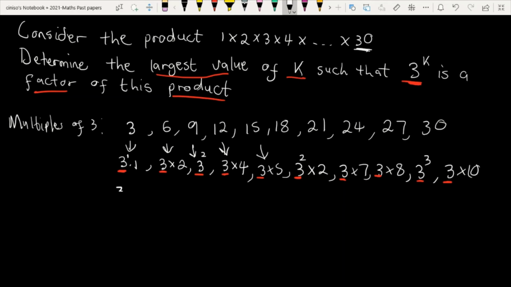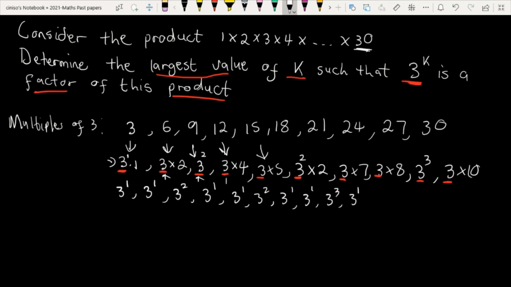So you have 3 to the power of 1, 3 to the power of 1, 3 to the power of 2, 3 to the power of 1, 3 to the power of 1, 3 to the power of 2, 3 to the power of 1, 3 to the power of 1, 3 to the power of 3, and 3 to the power of 1. I'm taking all these 3's, I took them and wrote them because they are the factors of the product. So all of them are here.